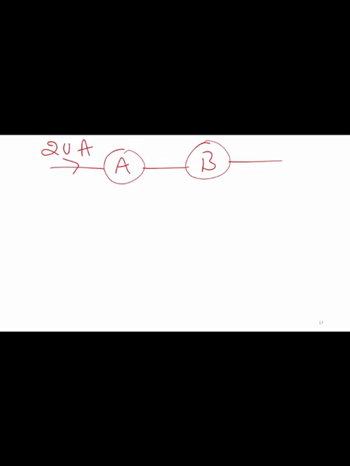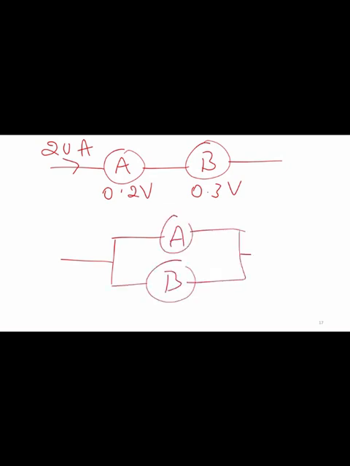The first ammeter's voltage drop will be 0.2 volt and the second ammeter's voltage drop will be 0.3 volt. Now we need to find, if the ammeters are connected in parallel, how this 20 amp current will be distributed among ammeter 1 and ammeter 2. That is what we need to find.